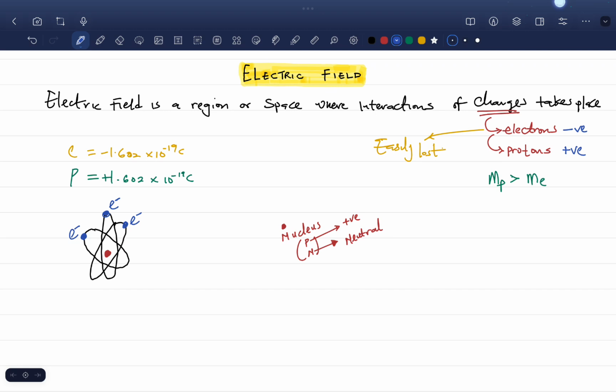So the electrons revolve around the nucleus, and as the electrons revolve around the nucleus, of course, there's an attraction between the nucleus and the electrons. And this is due to the fact that the protons, which are here, are positively charged, and the electrons, which are here, are negatively charged.